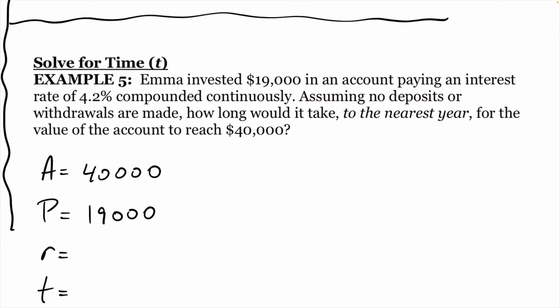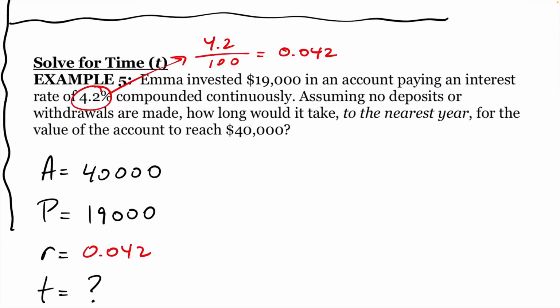Interest, we know interest. The bank is going to give her 4.2%, 0.042. We just don't know how long she needs to keep her money in the bank to reach her goal. So she wants her money to double. That's more than doubling. So she wants to know how long is it going to take for me to do nothing and the bank to give me $40,000.